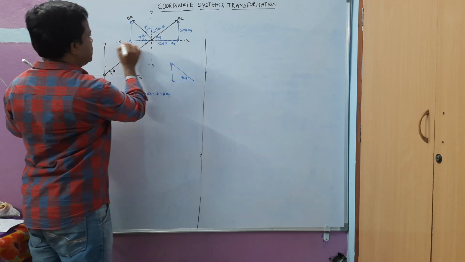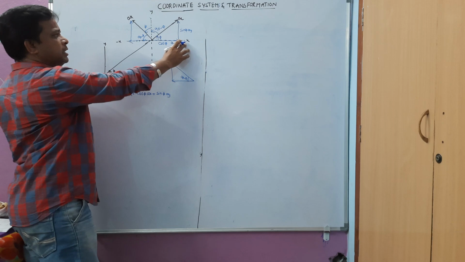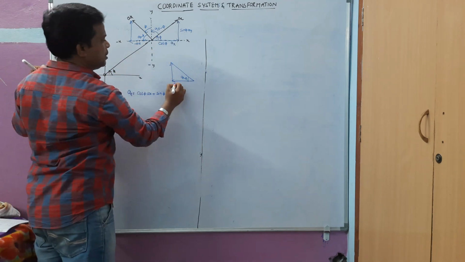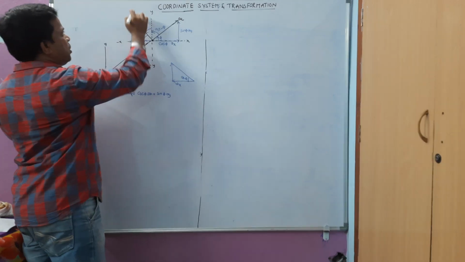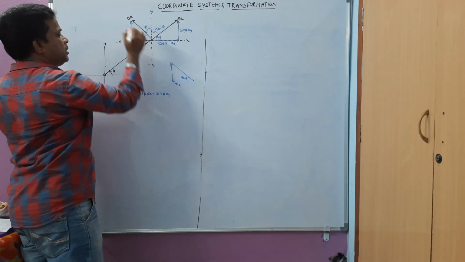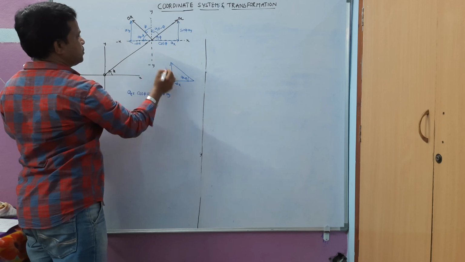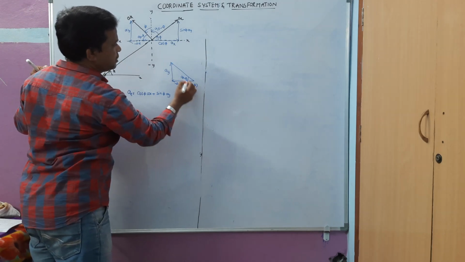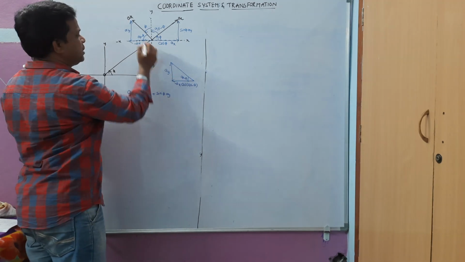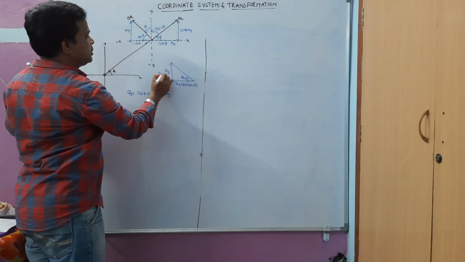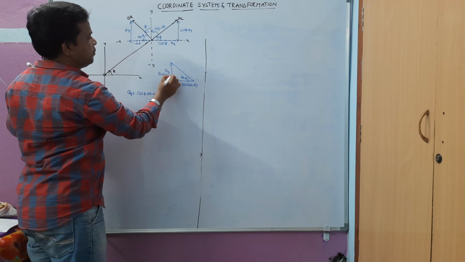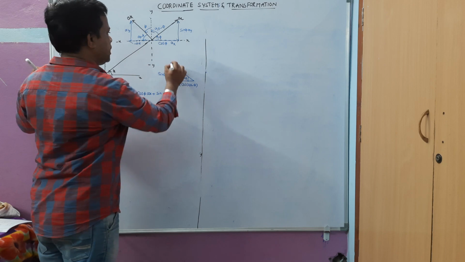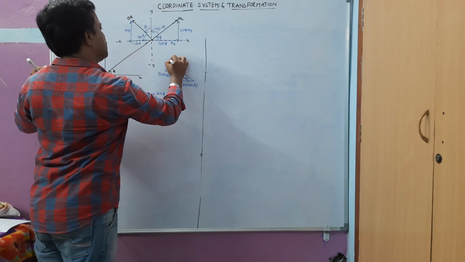This unit vector is opposite to this direction, so I get here minus ax, and this is following the y direction, that is ay. This is the cosine component, cos of 90 minus phi, because the angle here is 90 minus phi, and here also sin of 90 minus phi, and the resultant here is a phi.